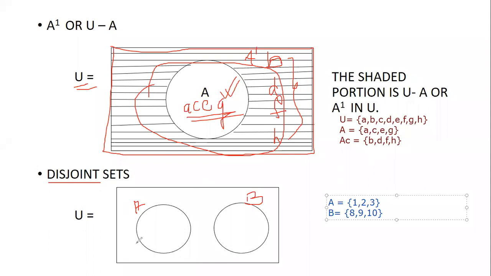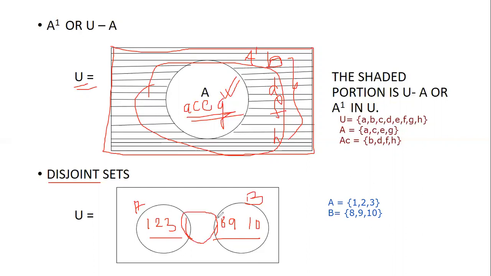Now A elements are 1, 2 and 3, and B elements are 8, 9 and 10. So both are different numbers where there is no common element for me to form an intersection here.